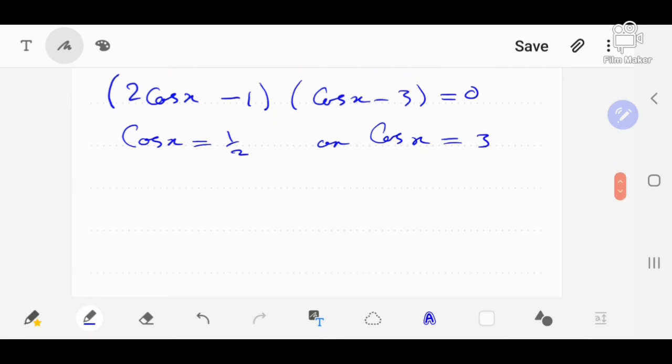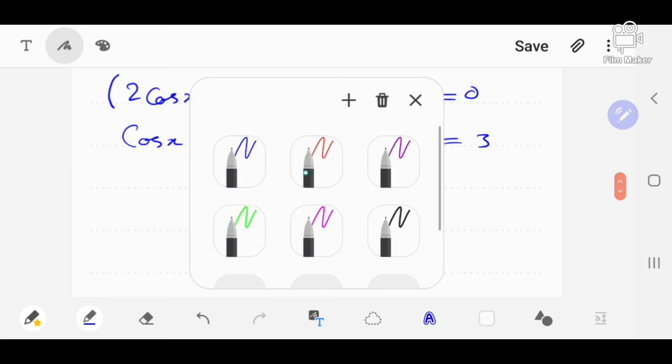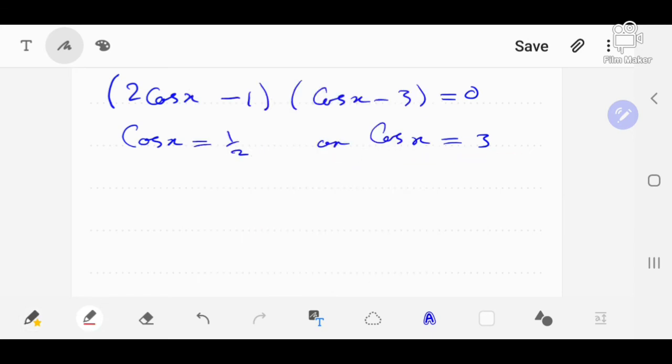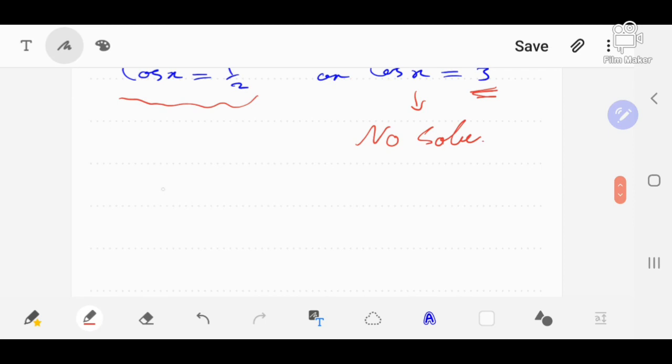Now we need to think the same way as we did with the first example, but there is something obvious here in this one. Cosine x here is equal to 3, and we know that cosine can never have a value greater than 1 or less than negative 1, so immediately for this case there is no solution. So the only case that we need to think about is cosine x equals half. Now we have to think, what's the reference angle that has cosine equals half?